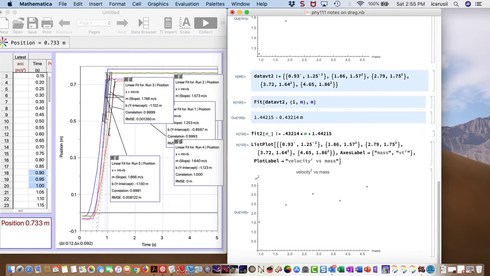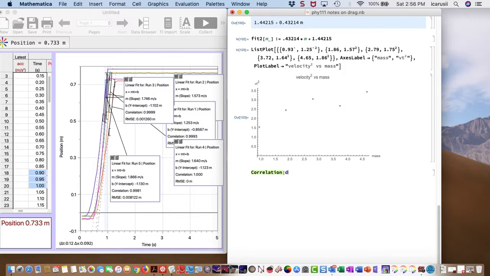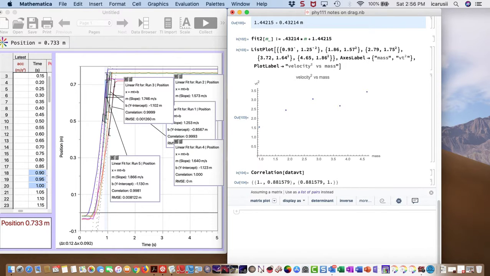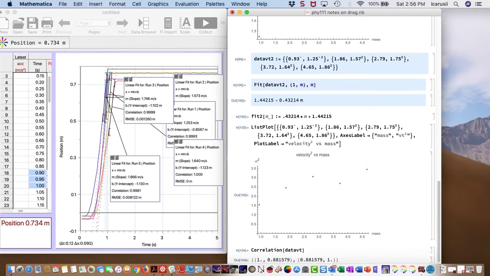So correlation. So if I do that, I get about 88%. Let's take a look at data VT squared.